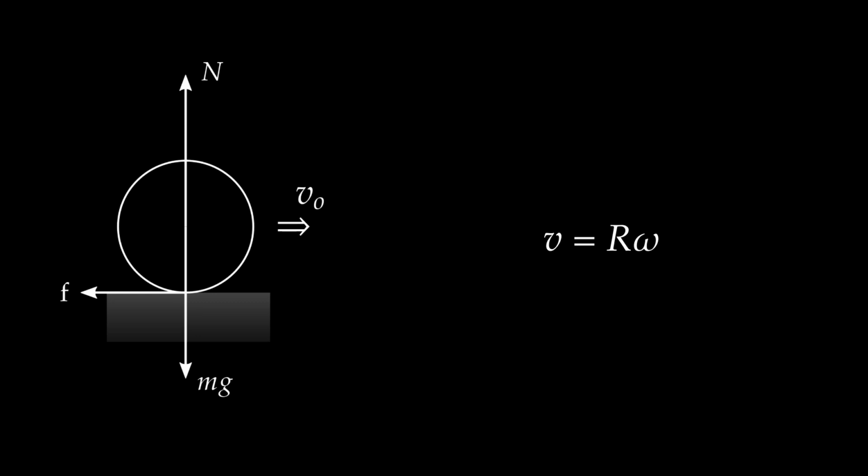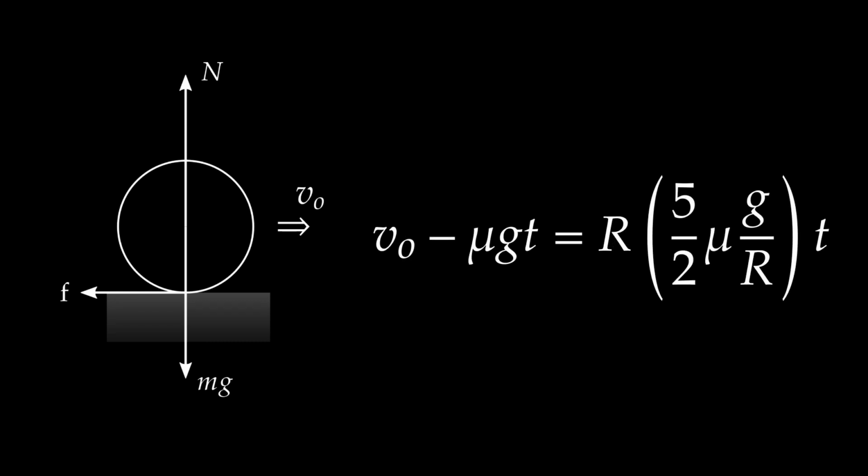And when I force that to happen, I can write omega as v divided by R. So what I'm going to do is take my kinematic equation, v naught minus mu g t, and divide every term in it by R. So v naught divided by R minus mu g over R times t. That must be equal to omega. And omega is equal to, just have to substitute here, 5 halves mu g divided by R times t.